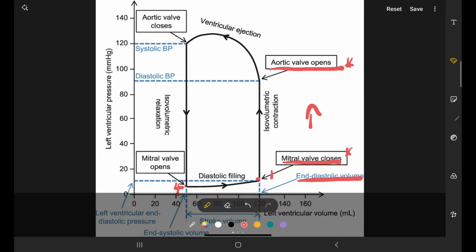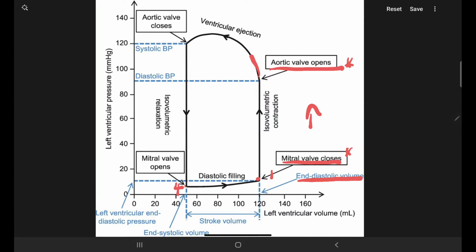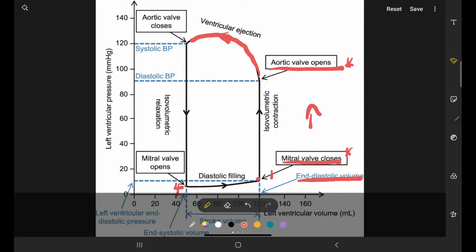But remember that at this point, we still have contraction going on of the ventricle, so there is still an increase in pressure, all right, to about 120. Okay, so at this point you have stroke volume. You have blood coming out of the heart. So because blood is coming out of the heart, the volume is decreasing.